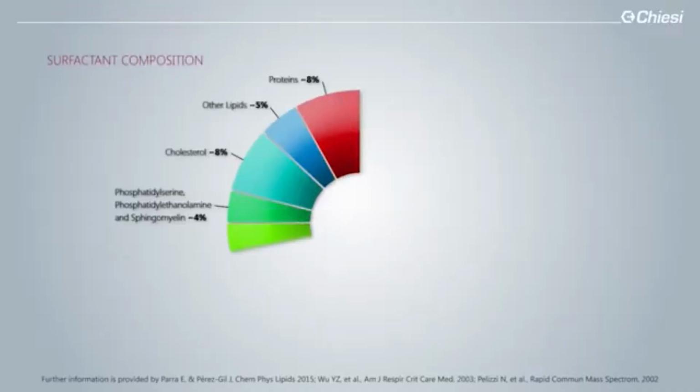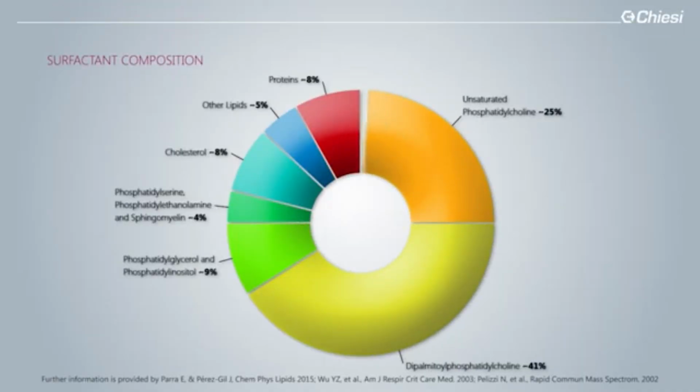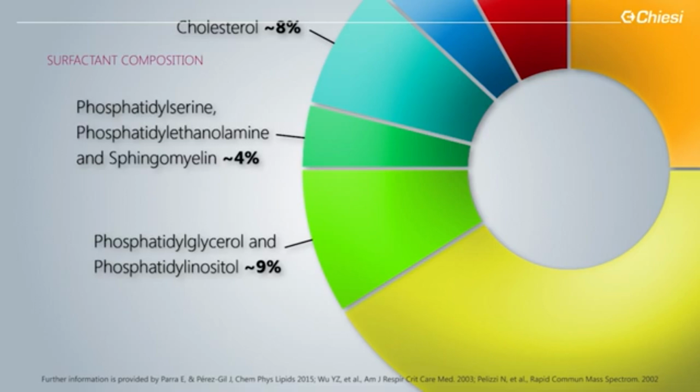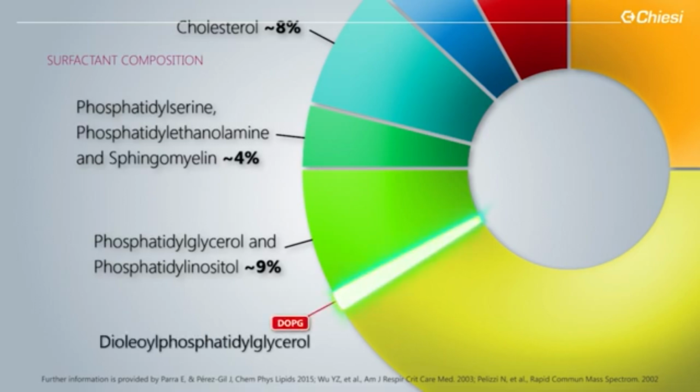So going back to surfactant composition, we already talked about DPPC, which is the key phospholipid for reducing surface tension, but other components are also important. For example, let me tell you something about dioleoyl phosphatidylglycerol or DOPG, which is an anionic phospholipid that doesn't play a role in lowering surface tension, but still is very important because it's able to regulate and downgrade the surfactant catabolism.